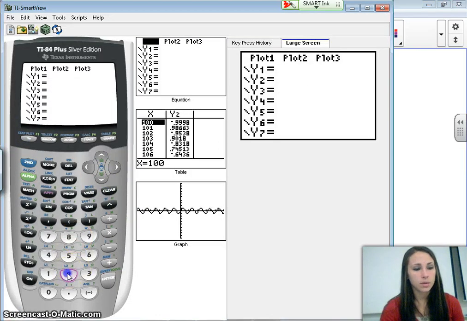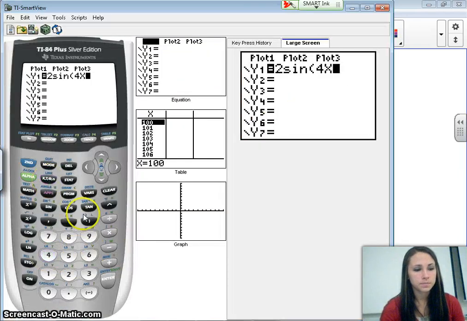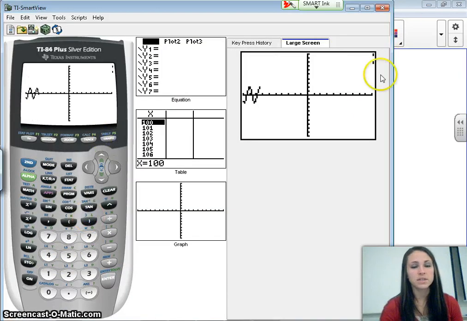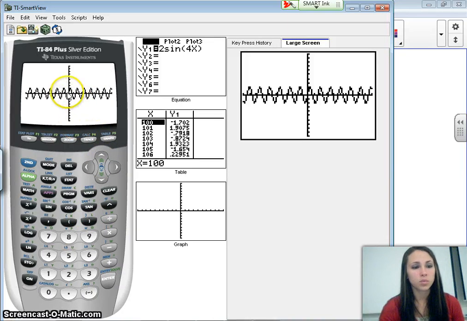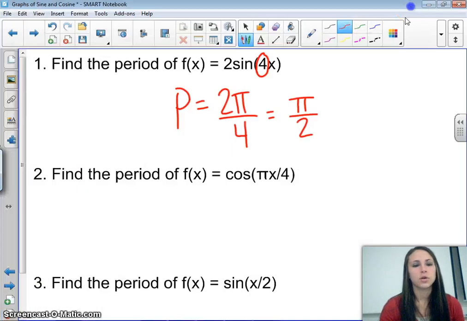I'm going to type in 2 sine of 4x. If we graph this and I hit trace and type pi over 2, it's going to give me the period, or what it takes to make this one little up-down cycle. It should give me this point right here. So if I hit trace and type in pi over 2, it does give me that point right there. That's how you can check yourself also.